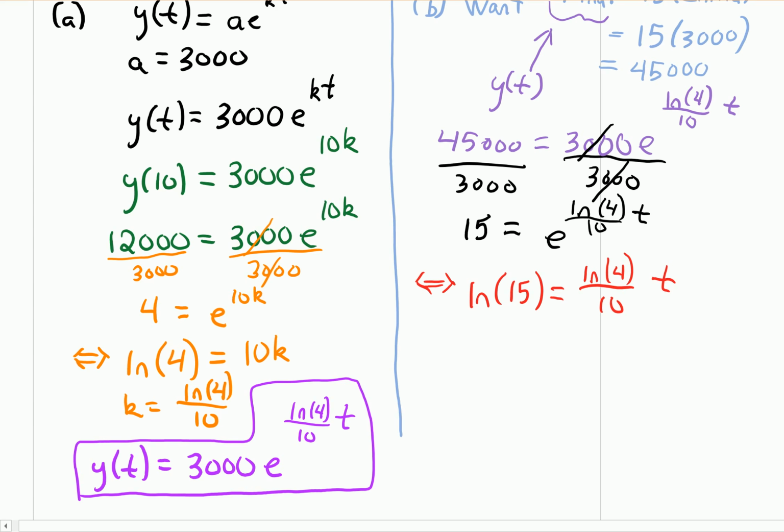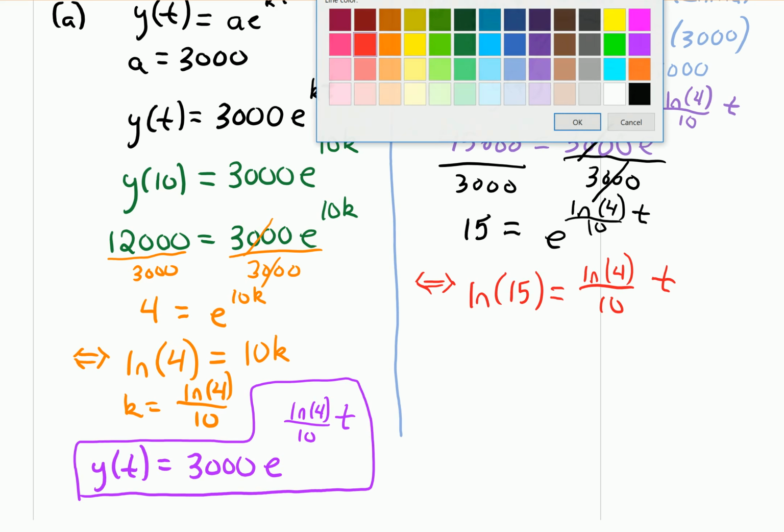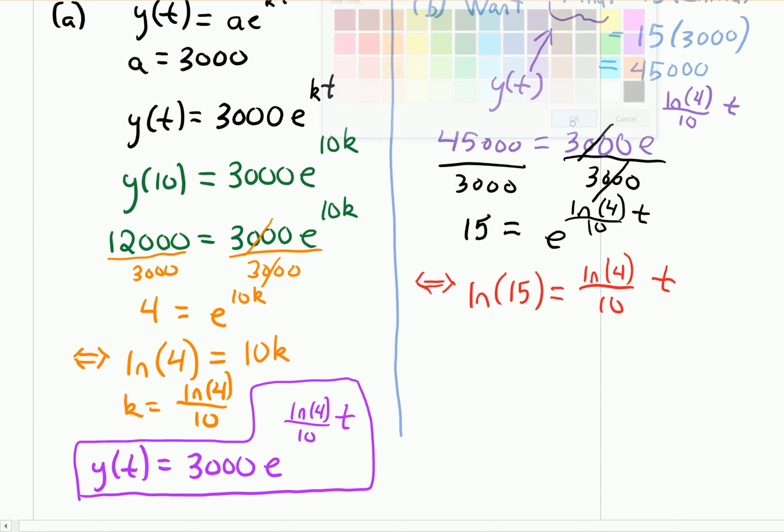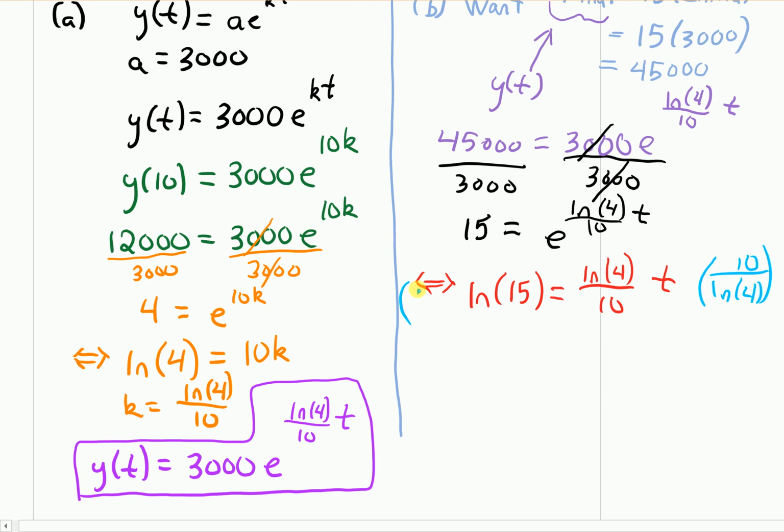Finally, if I want to get t by itself, we need to get rid of this ln of 4 over 10. So I'll multiply both sides by the reciprocal, 10 over ln of 4. On the right-hand side, the 10s cancel, then the ln of 4s cancel, and I get t.